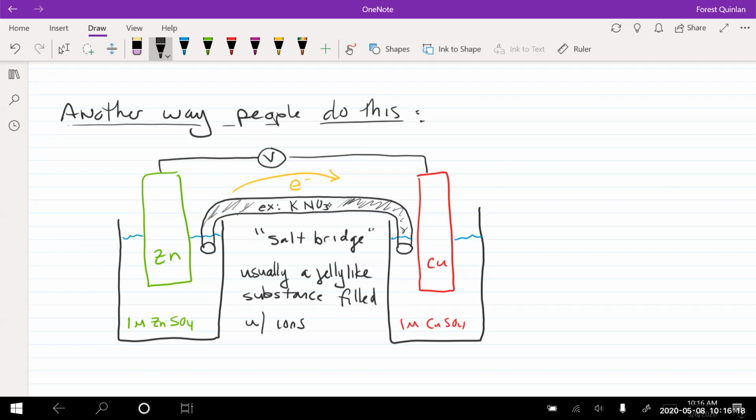What if that sulfate would mess things up? What if the electrolyte on one side would mess with the system on the other side? In the case that we have here, they're both sulfates on both sides. It doesn't matter. But there are cases where the solution on one side, if it does permeate across, it would mess up the other side. I mean, there's a reason why we're keeping them separate in the first place.